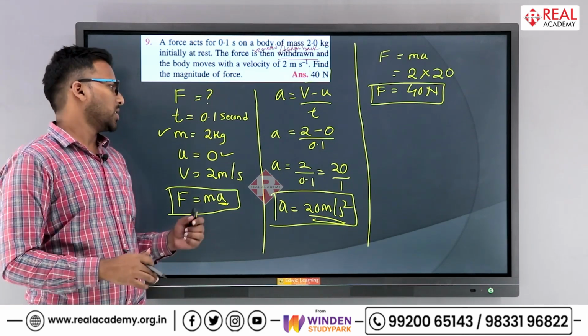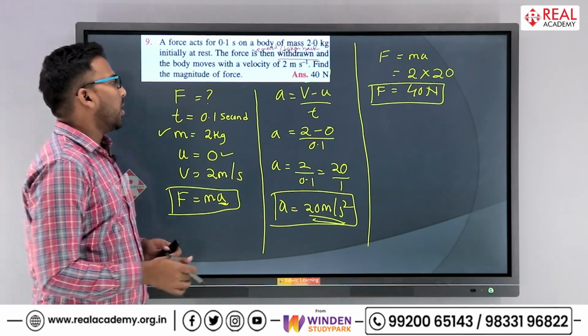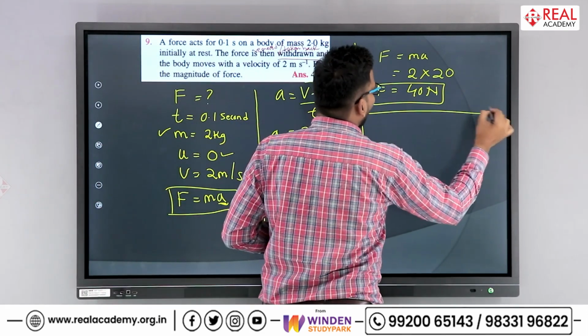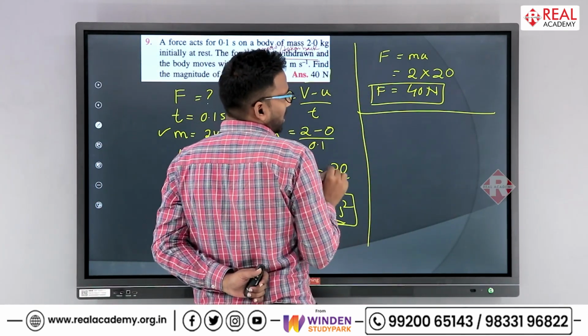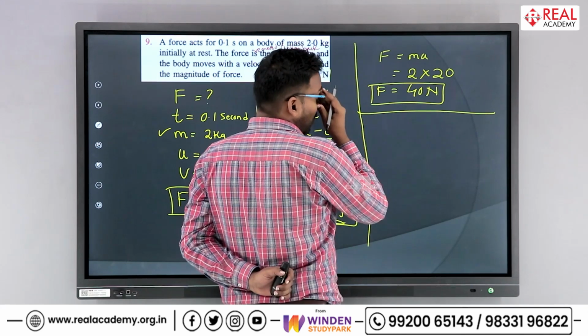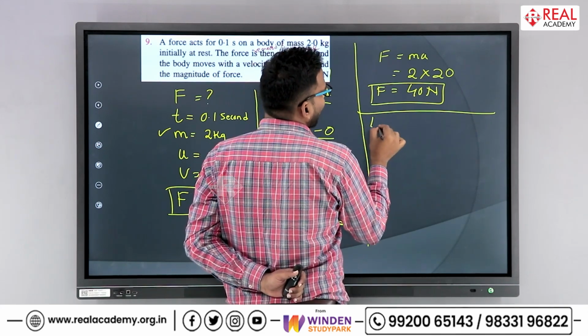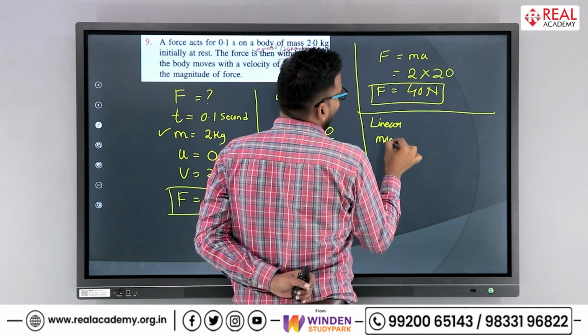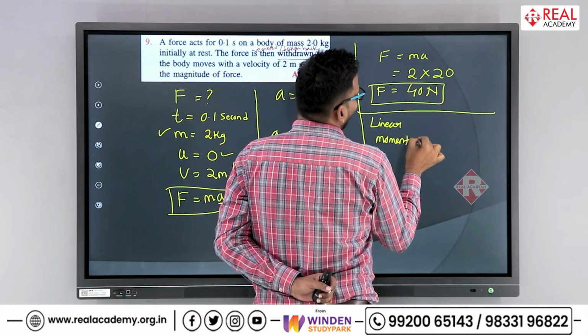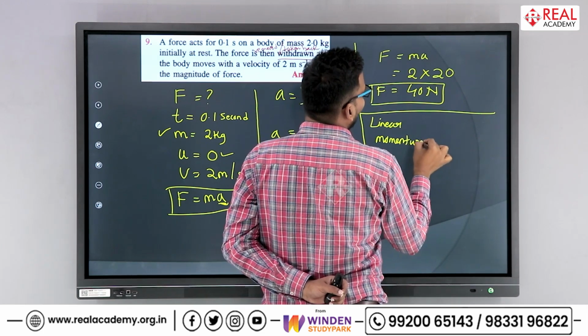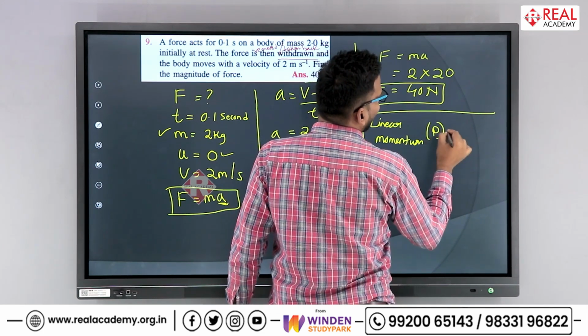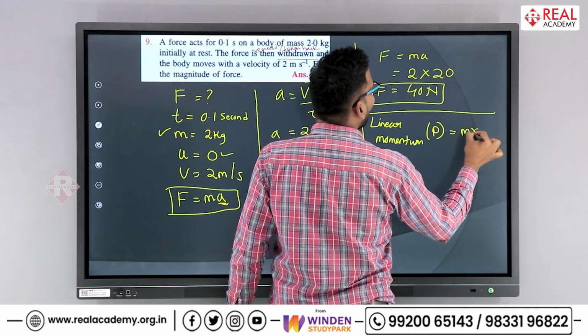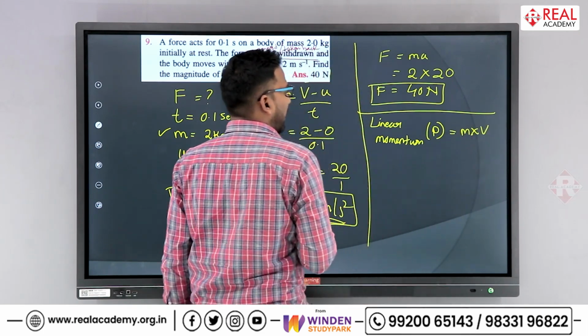Very small questions. You just need to read or understand 3 formulas. What are the formulas that we have just gone through? First one is linear momentum, denoted by P. P is equal to mass into velocity, right?